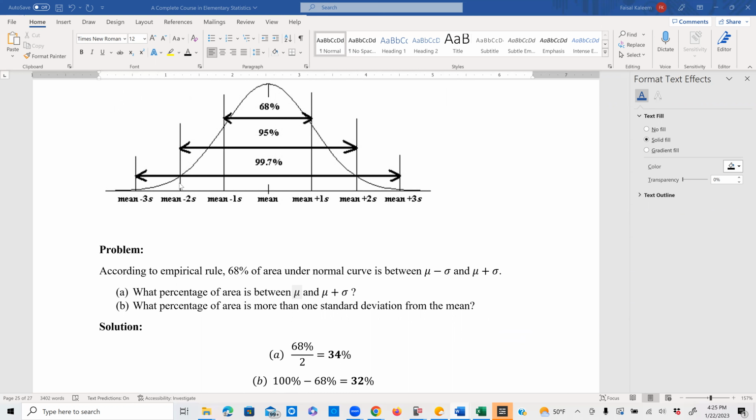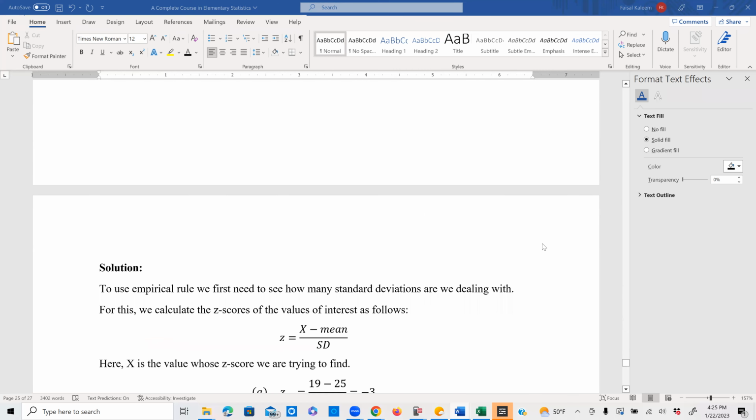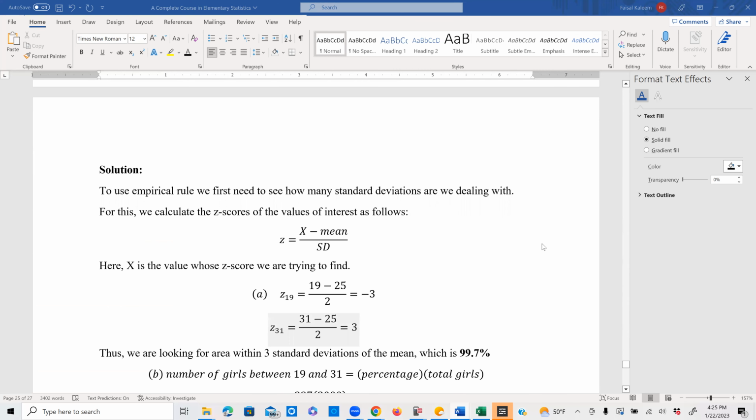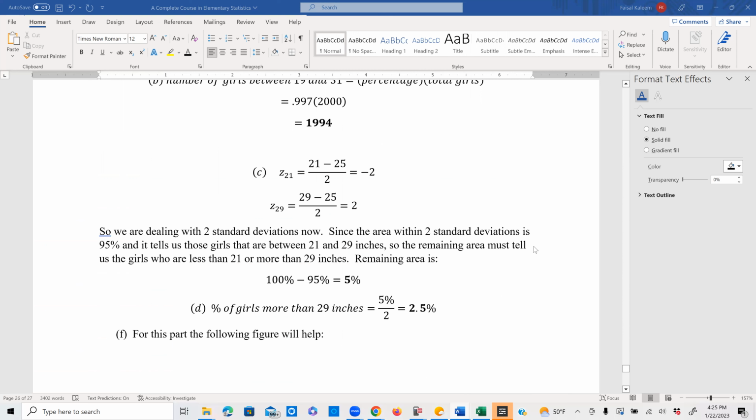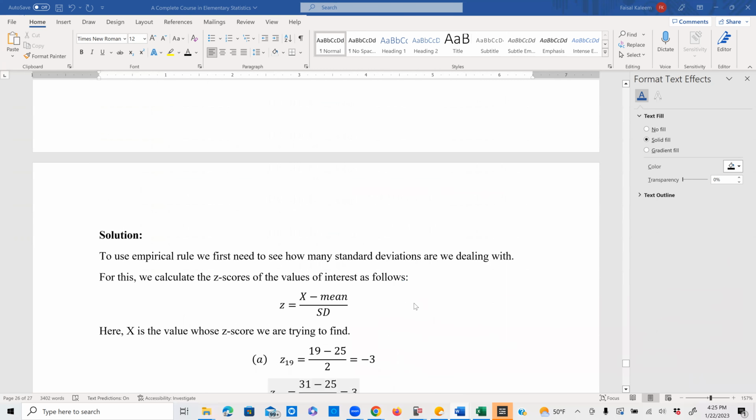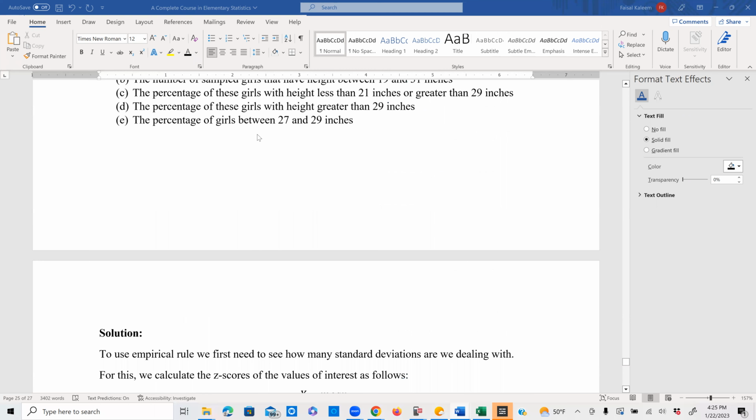Now they're asking just the less than 21, and that means they're just asking half of that. Remember, normal curve is completely symmetric. So if the two tails together have 5%, then half of the tail will have 5% divided by 2. That's 2.5%.